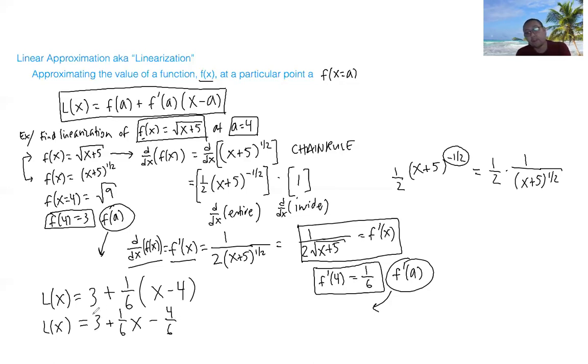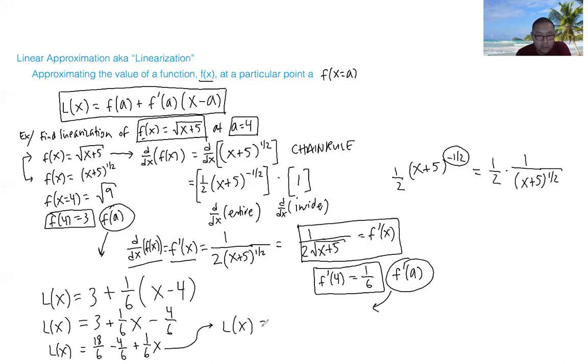Let's turn 3 into a fraction that has the denominator 6 so that we can combine these numbers. This becomes 18 over 6. 18 over 6 is the same thing as 3. Minus 4 over 6 plus 1/6 x. And then I'll finish it up here.